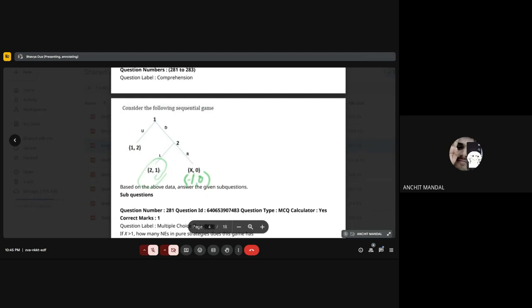Yes, so since player 1 doesn't know what player 2 will play, but knows they'll play rationally. Yes, but then player 1 knows that the payoff is 1 here and 0 here for player 2. So player 2 will obviously go for 2, comma 1.